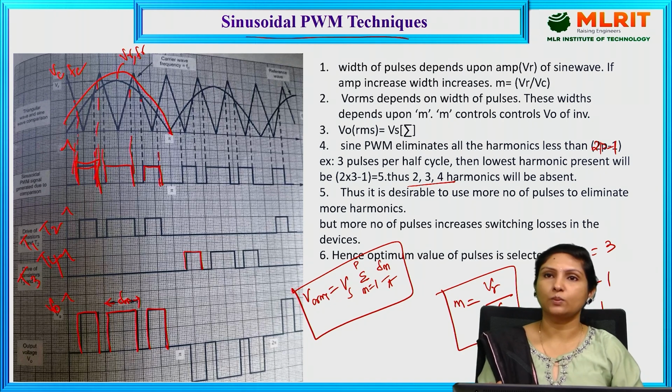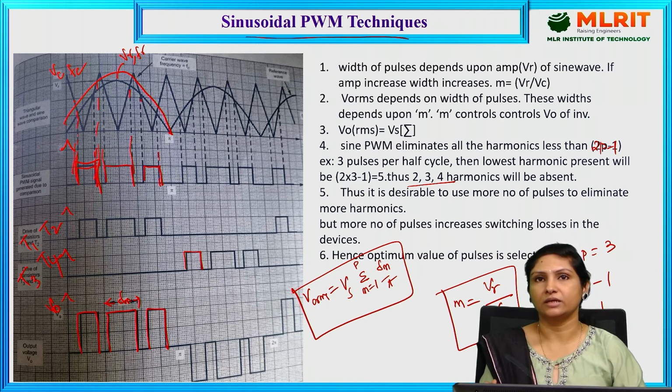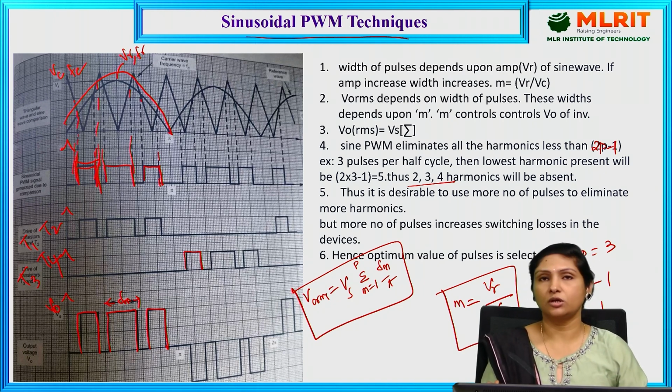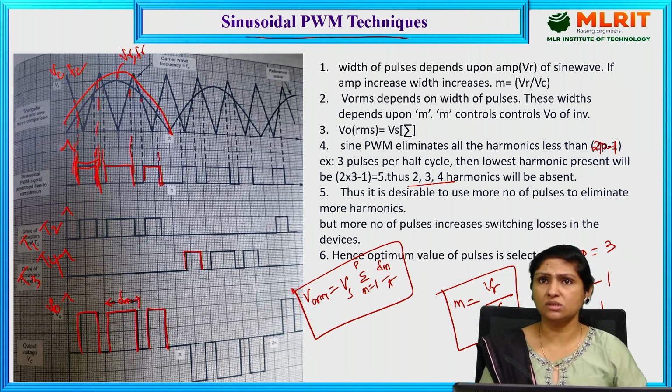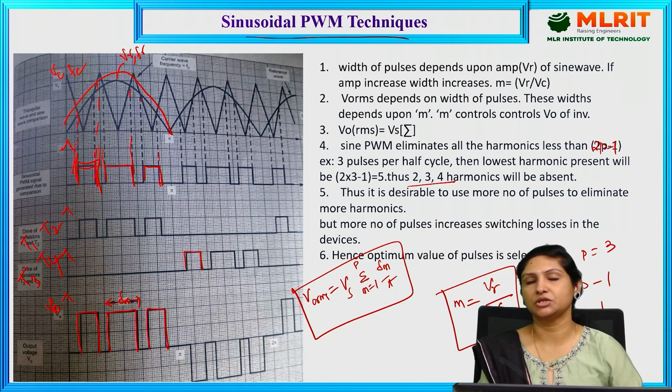Thereby, the harmonics need to be eliminated. So by making use of the sinusoidal pulse width modulation technique, switching losses will be less, and at the same time harmonics will also be reduced, which is very essential.